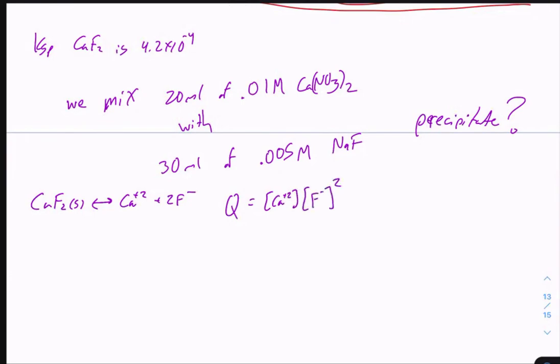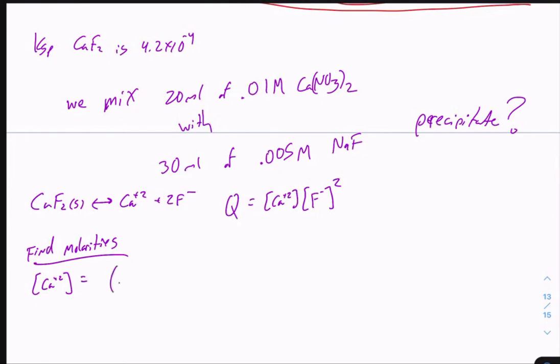All right. Find molarities. So for calcium, you've got to figure out moles. And this is why we multiply the volumes by the molarity.